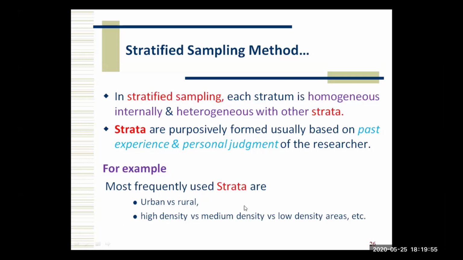Or let's say a researcher wants to assess the saving behavior of households in Addis Ababa. He might identify the sub-cities in terms of high density, medium density, low density as one criterion, or you might use secondary information from the data.